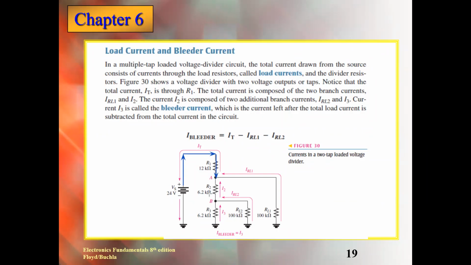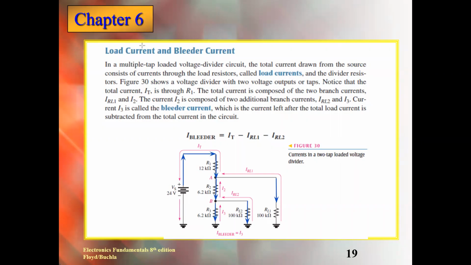Yes, it splits. Some current will go here into load 1, and the remaining current will go into R2. Then after reaching point B, the current will again split. One current will go to RL2, and the remaining current will go to R3. Agree?